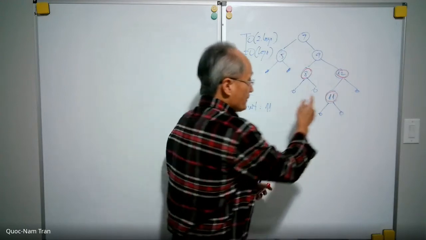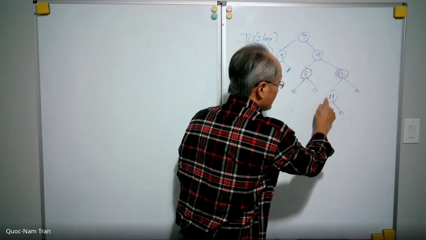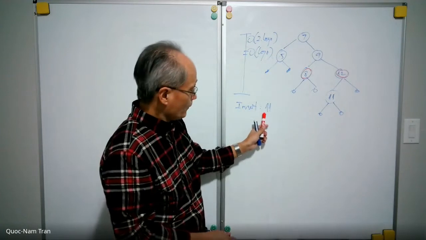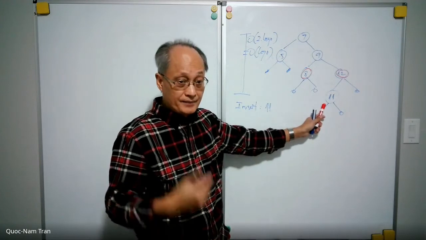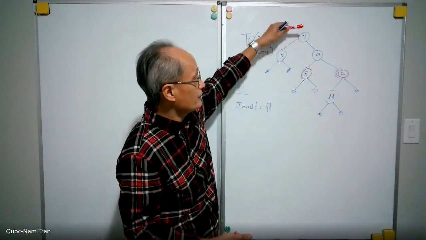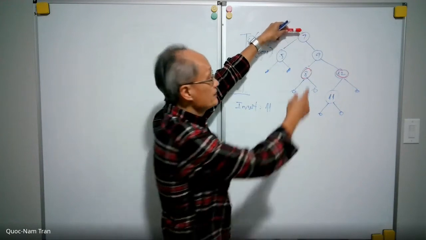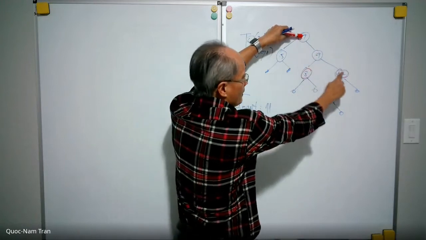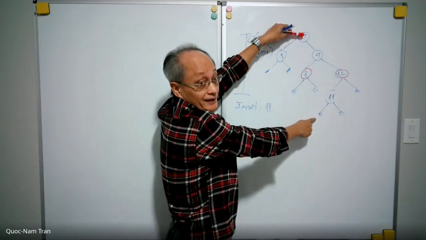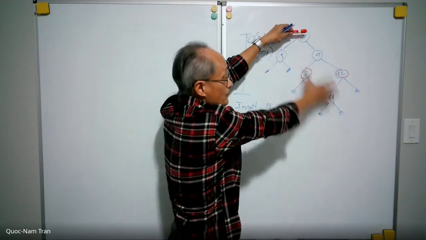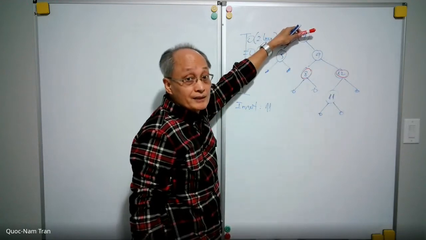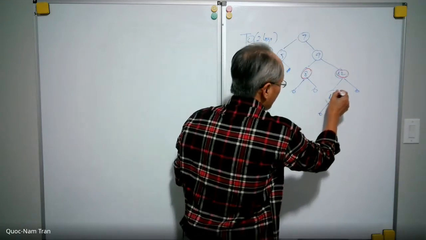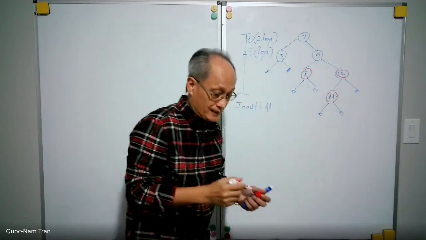So if I don't color this one red, we will have a problem. When I insert 11, if I don't color it red, then if I look at the root, this branch has 1, 2 black count, but this one has 1, 2, 3. They are not the same. So this one is not a red-black tree. So the first thing I will do is to color it red.